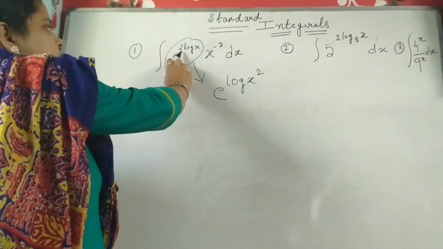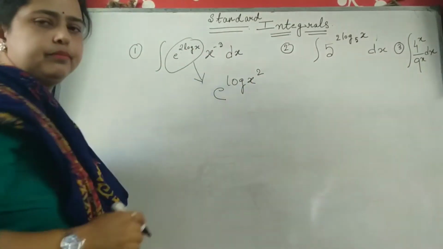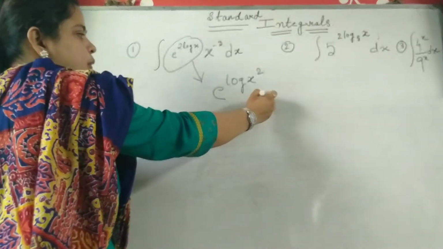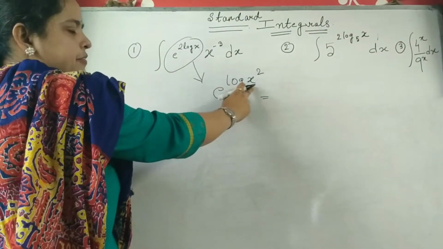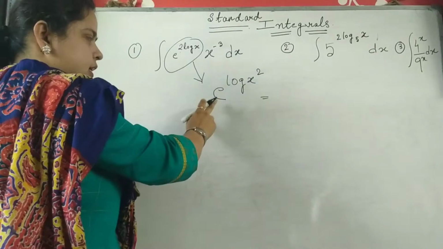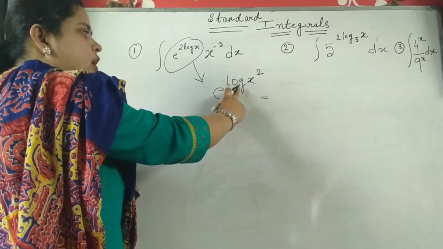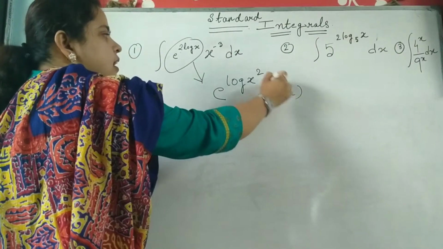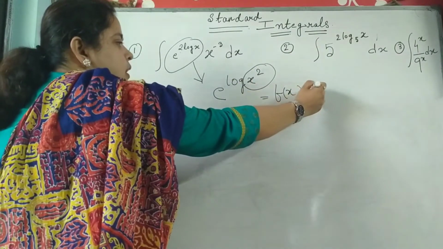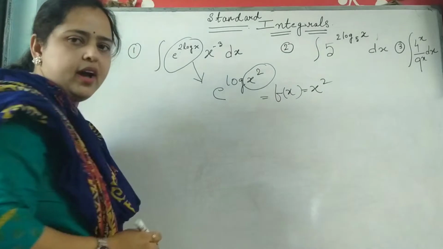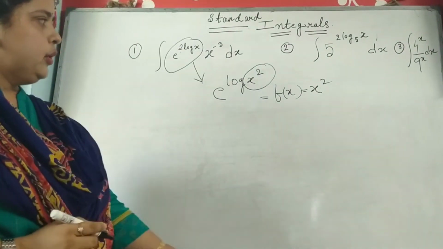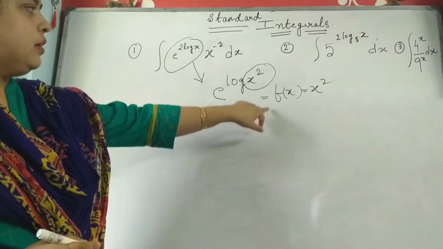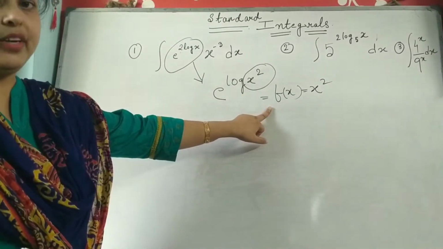So this particular 2 can come over x, that is x squared, and we all know e to the power of log f(x) is f(x). What I said? e to the power of log f(x) is f(x), and here f(x) is x squared. So now you can see very well this problem is now reduced to a very simple integration, isn't it?